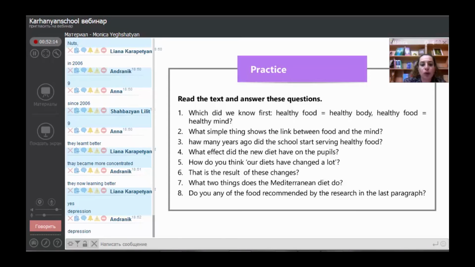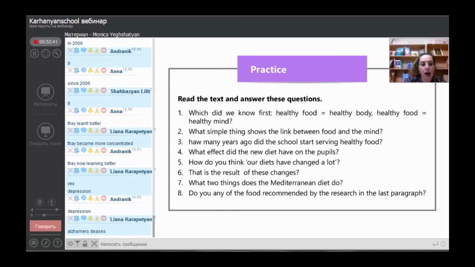Okay, what 2 things does the Mediterranean diet do? What does the Mediterranean diet do? Do you remember? Yes, it prevents Alzheimer's disease, prevents.